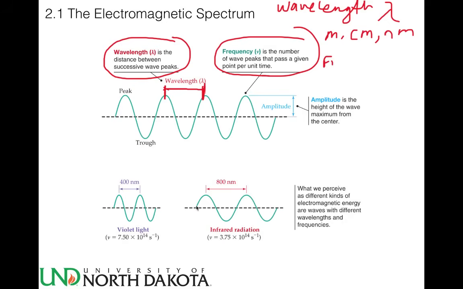The frequency is shown as the Greek letter nu, and it is measured in the units per time, where time is most commonly seconds. And so our units of frequency are going to be inverse seconds, so seconds to the negative 1 power, which is equivalent to 1 over seconds.